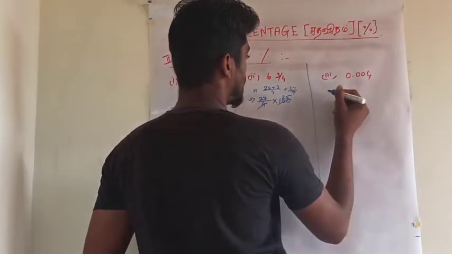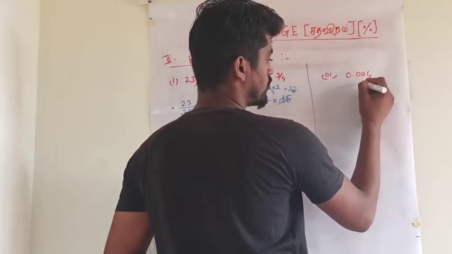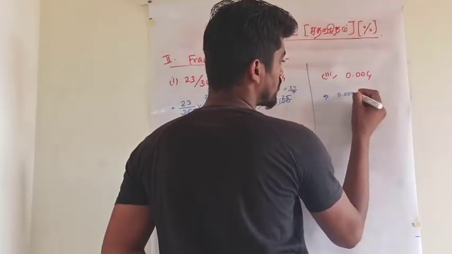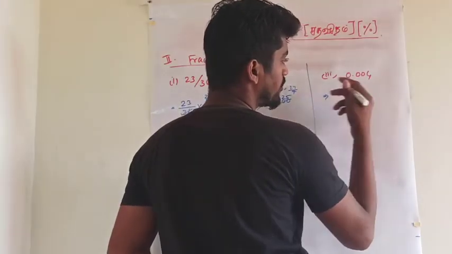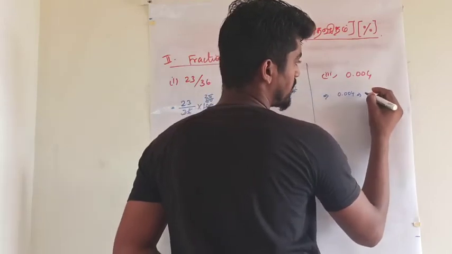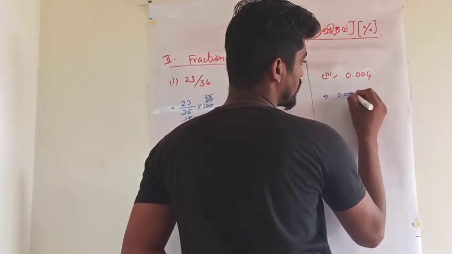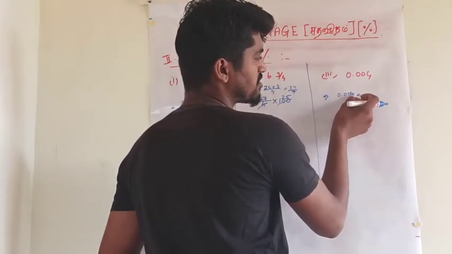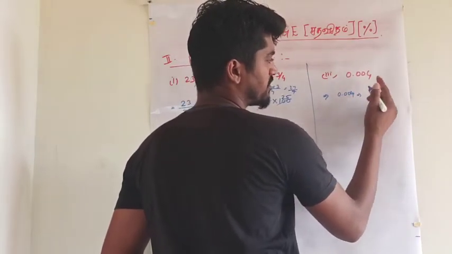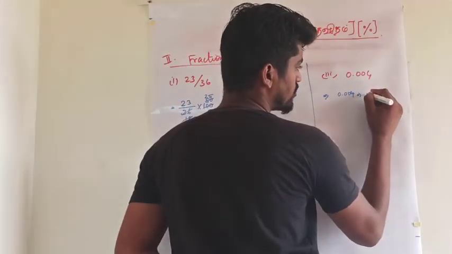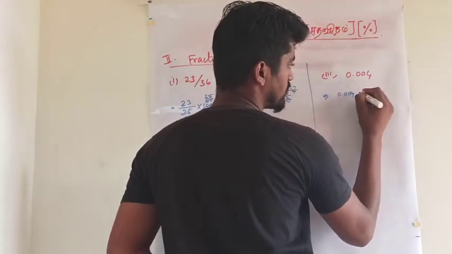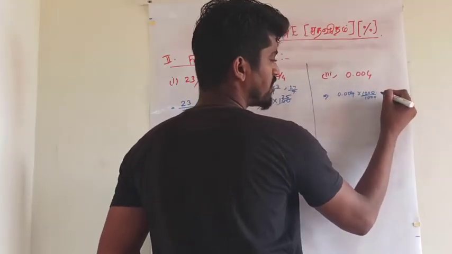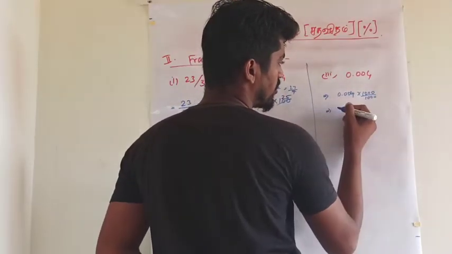From the third example, 0.004, we have to convert into a natural number. So we multiply by 1000 and divide by 1000, because there are 3 digits after the dot. The value will not change, only the format changes.